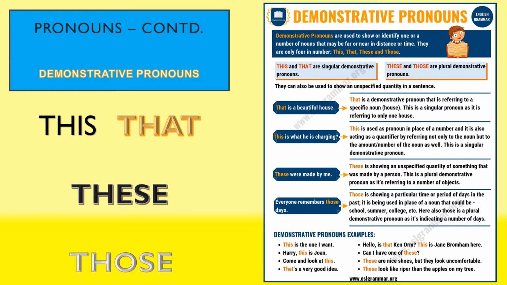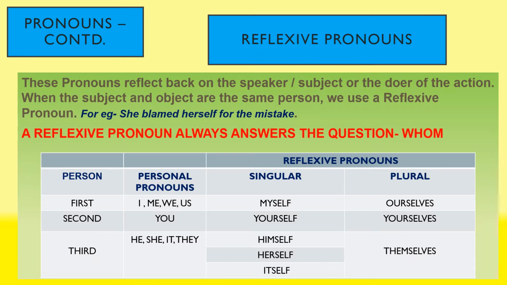Yes, before Corona, when we were in school, when we used to have a gala time in school, we miss those days, isn't it? So those is a demonstrative pronoun. I hope you're clear with it. Otherwise, you can listen to this once more and have a look at all these sentences which I have given. It's also explained in your book, students. Okay. So we move on to the reflexive pronouns.